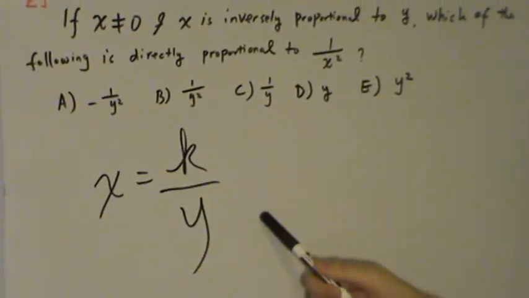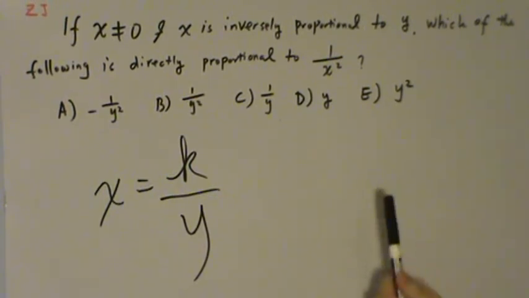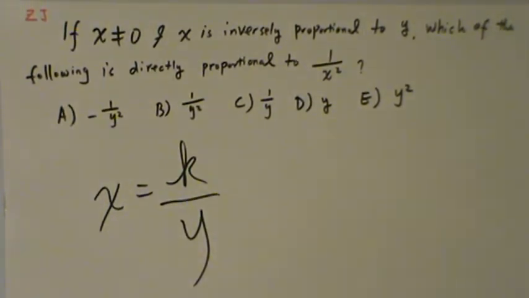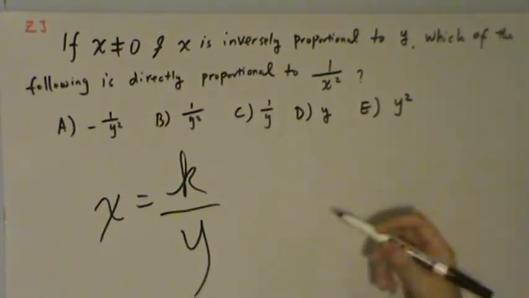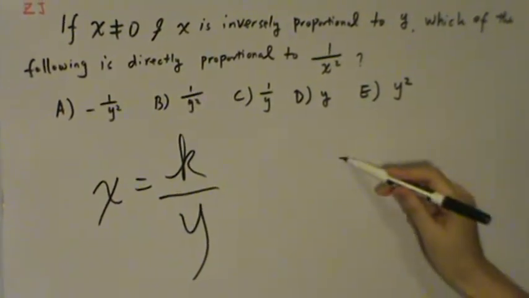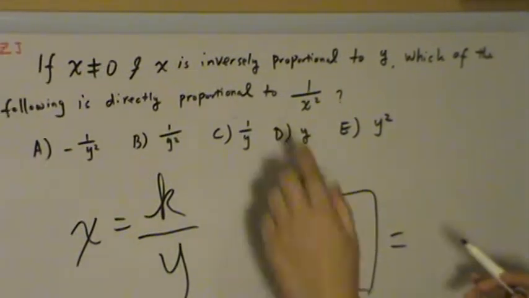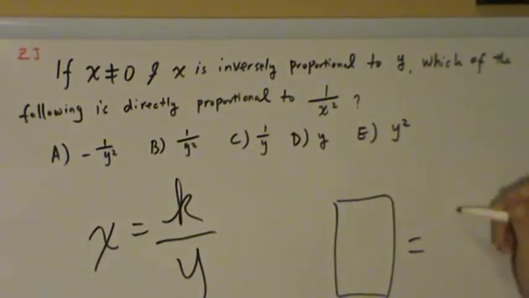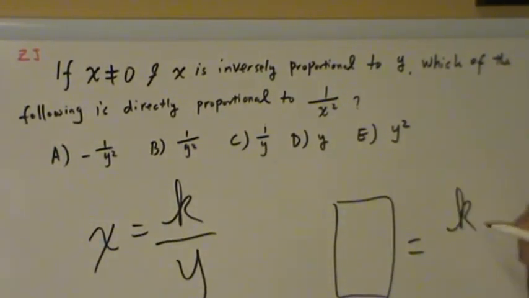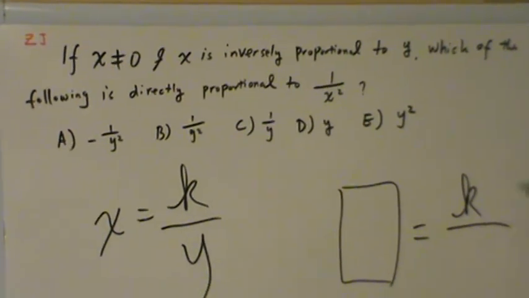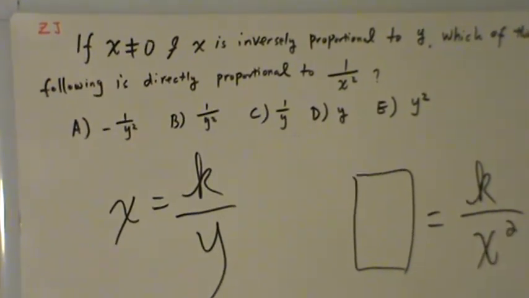So if this is the case, which of the following is directly proportional to 1 over x squared? So something, we don't know what this something is, that's what we're trying to find, is equal to k times this expression. So it's going to be k times 1 over x squared, which is k over x squared.